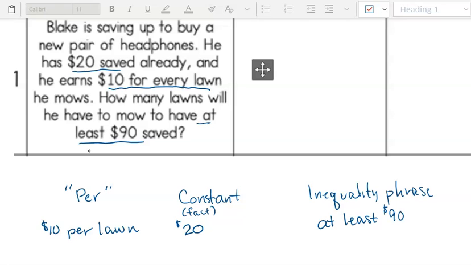So I want you to think about this. He needs to have $90 is okay, but more than 90 would be better. So we're going to turn this one into an inequality. We'll put 90 right here, and the money that he saves, we want to be bigger than $90, but it can equal $90.